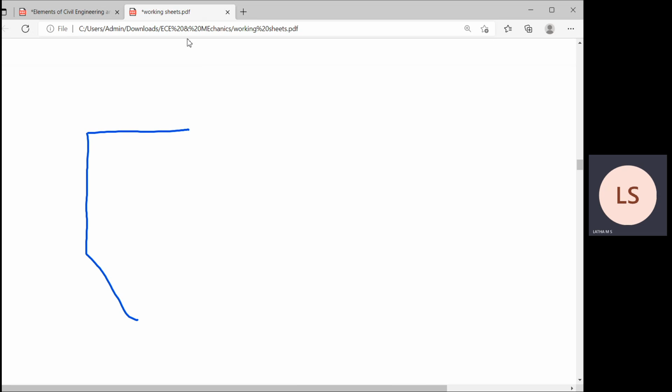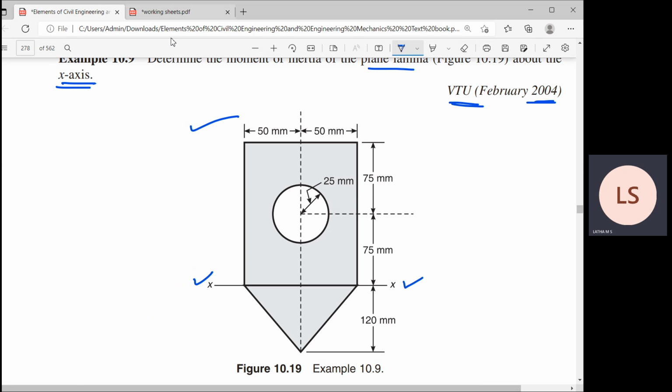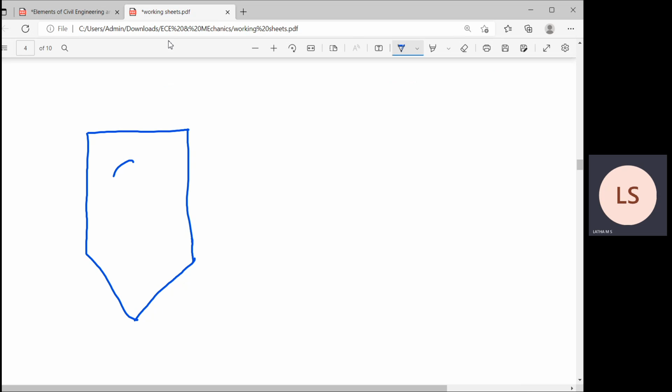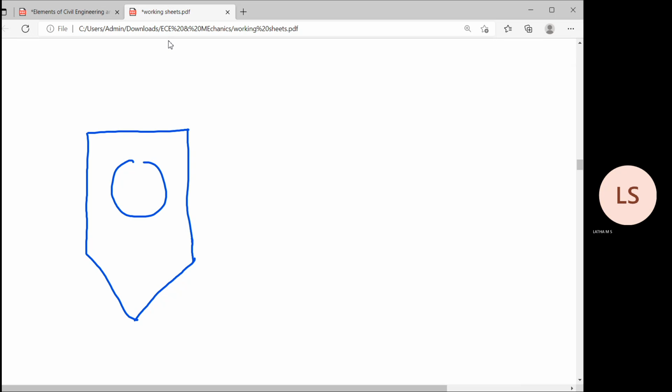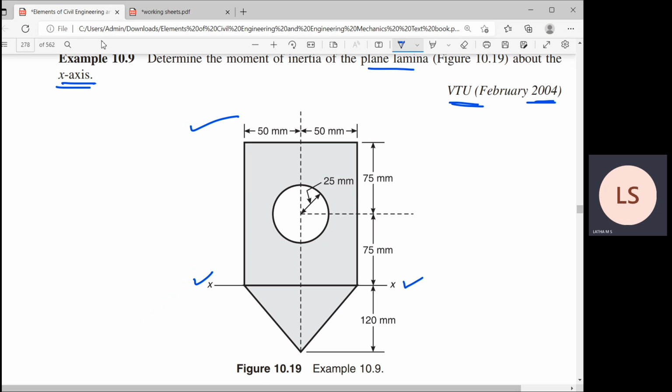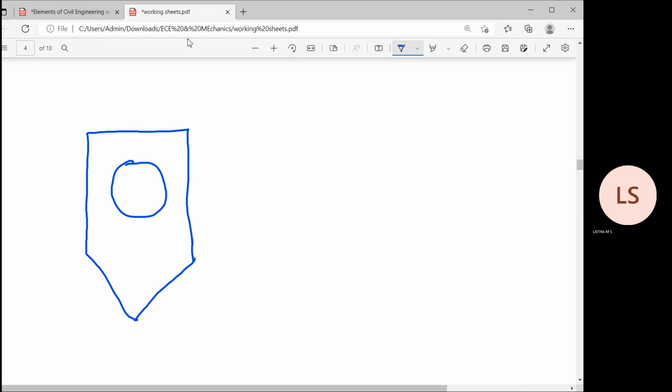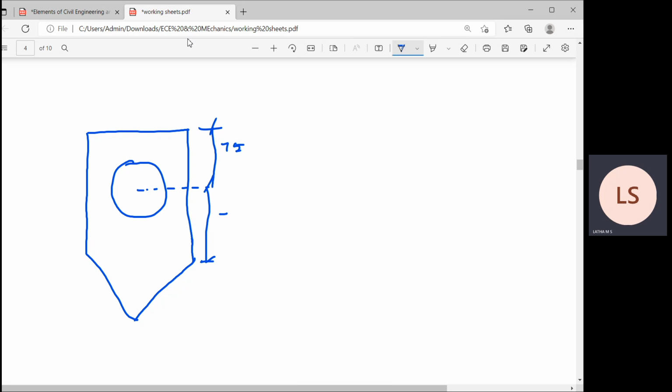So you find what is the composition of the lamina? The lamina consists of one triangle, one rectangle, and a circle. This circle is at a center of 75 mm from both ends. So this is 75, this is 75, right?